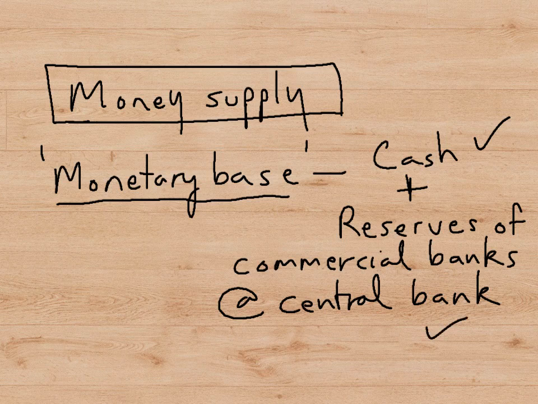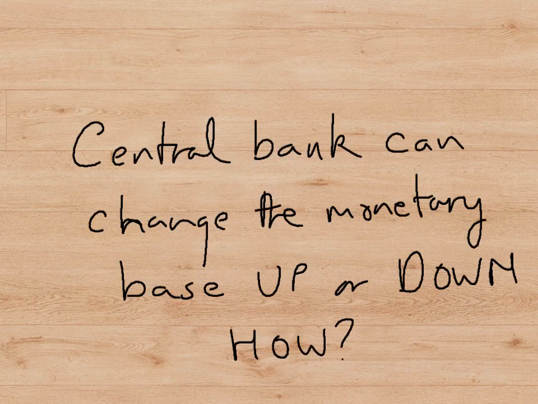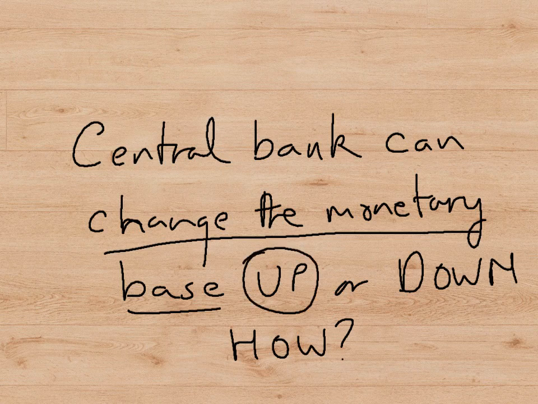So these two elements make up what we call the monetary base. What if the central bank wanted to do something to change the money supply? What's the first thing it would do? Well, the first thing it would do is to change the monetary base, either up or down, depending on what it wanted to happen to the money supply.